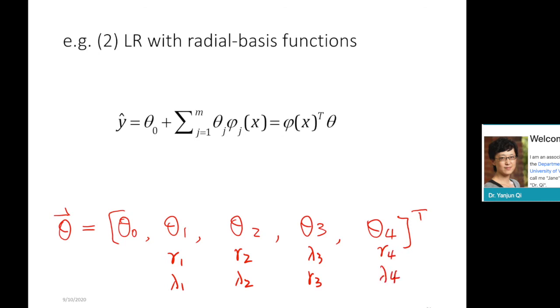This is called hyperparameters. The theta is the parameter of our model that we use optimization to search to fit our data, and there's another group, the lambda i and gamma i group, called hyperparameters. And then here are the weights and bias.